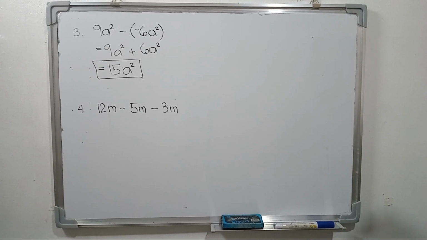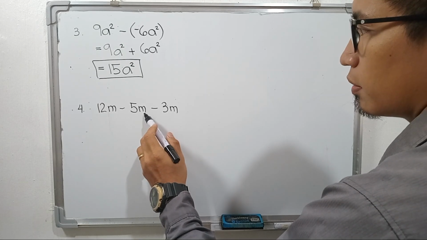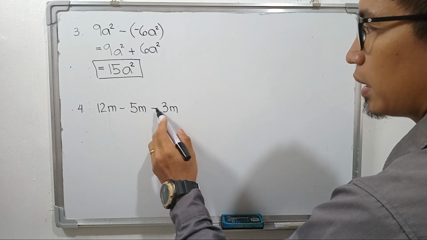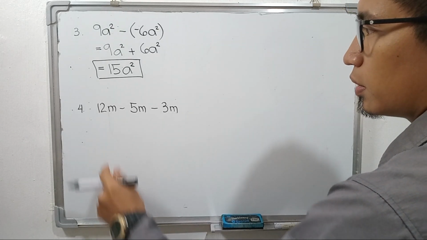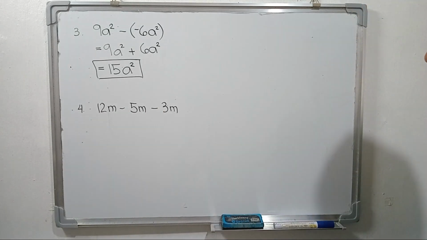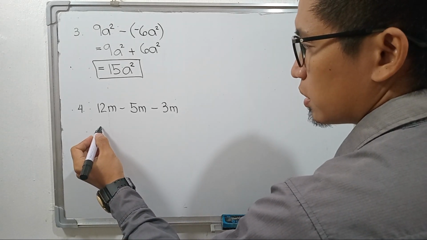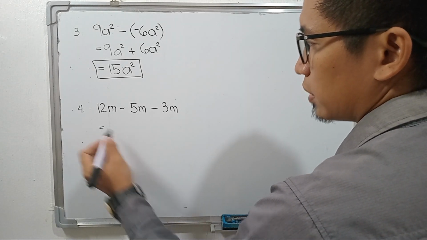Example number 4. 12m minus 5m minus 3m. This time we have 3 monomials. Remember, subtracting a monomial is just the same as adding its opposite.